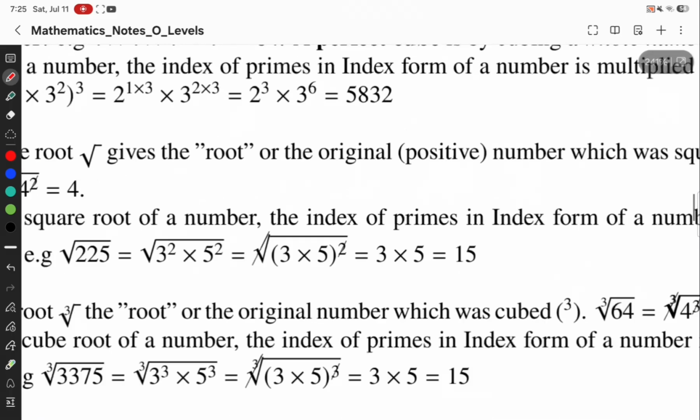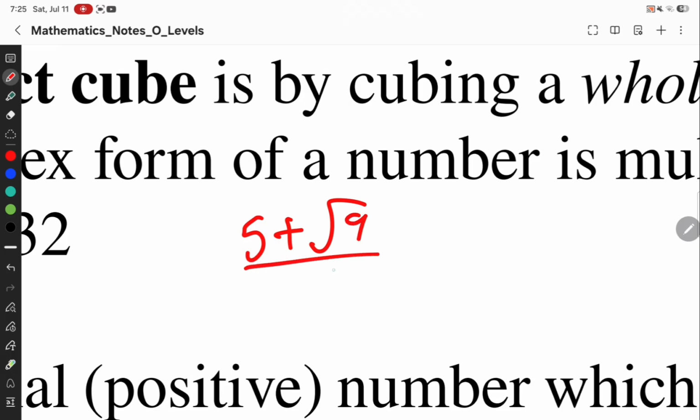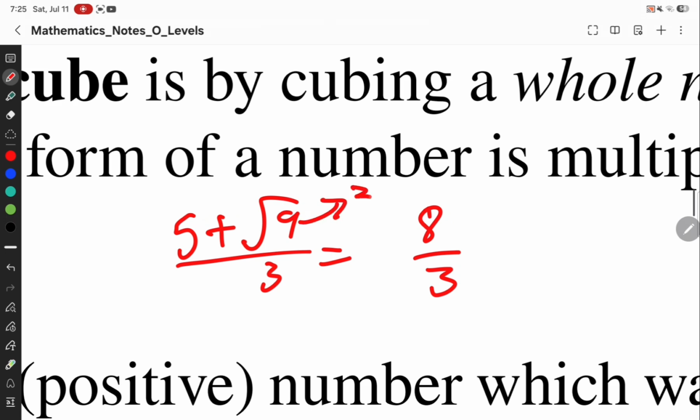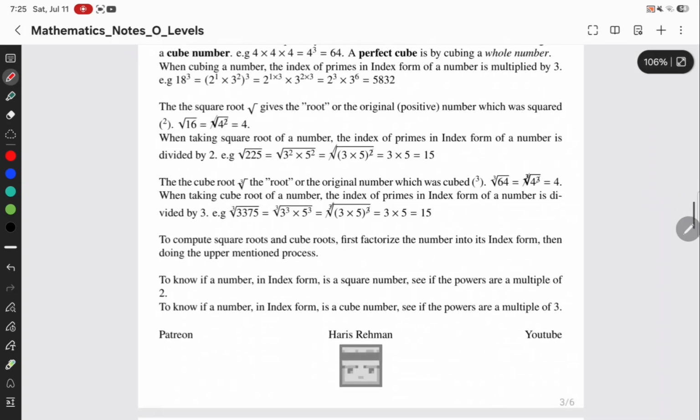Because computing, for example, you want to compute 5 plus root 9 over 3. This will give us 8 over 3, because we take this to be positive 3 normally. When you're normally doing it, you have to keep this in mind.